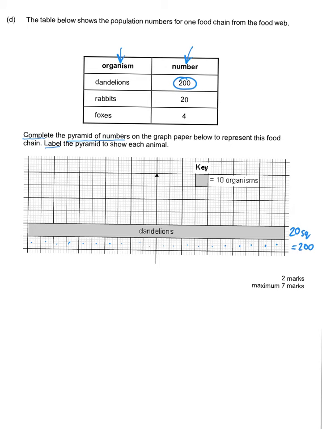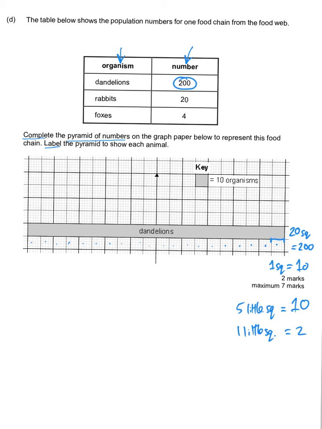So if 20 squares is 200, 1 square equals 10. And by 1 square, I mean a square that is this size. So actually 1 square is 10, and that 1 square is 5 little squares. And so 5 little squares equals 10, so 1 little square equals 2.